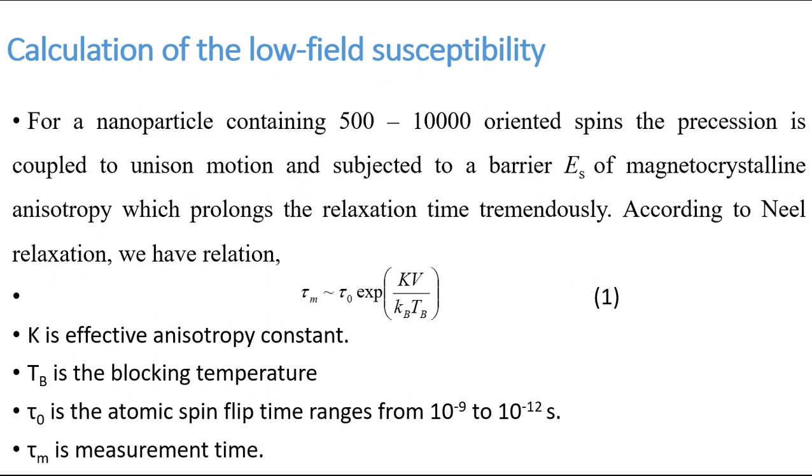Tau m is the measurement time, tau naught is the atomic spin flip time, ranging from 10 to the power -9 to -12 seconds. TB is the blocking temperature, K is the effective anisotropy constant.